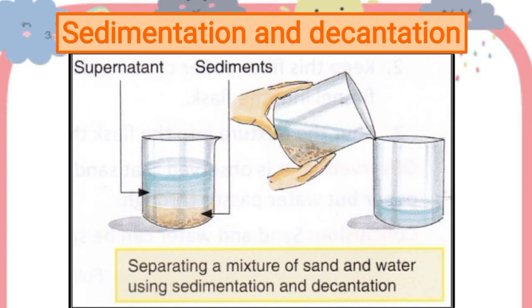Then the upper clear liquid is poured into another container without disturbing the insoluble solid, and this process is called decantation. Even mud and water can be separated by the sedimentation and decantation method.